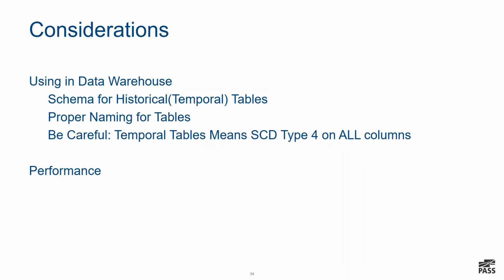That's not a good name. Put a proper name, put it in a proper schema like a history schema, and be careful that temporal tables consider changes in all columns. When you do SCD and use your merge statement, only apply it on the columns that you want SCD type 4 or type 2 to be applied on.